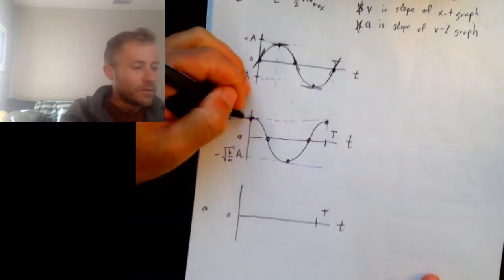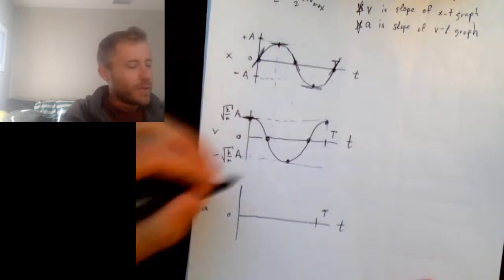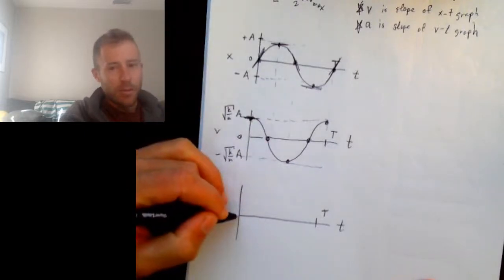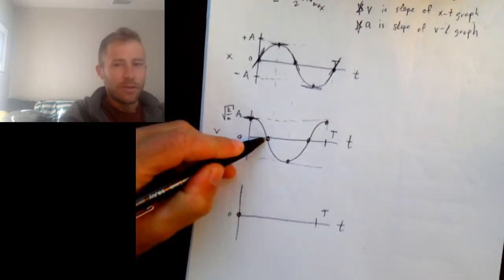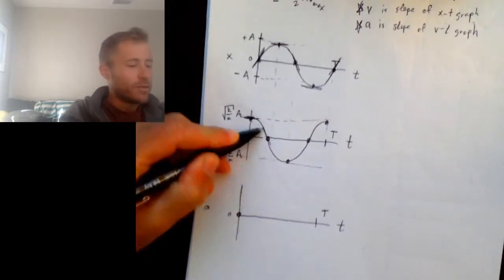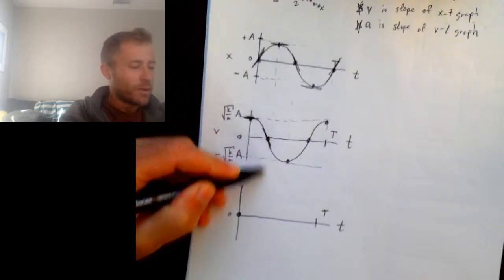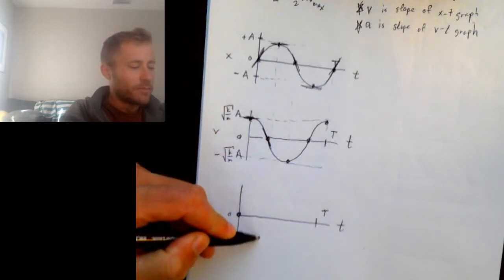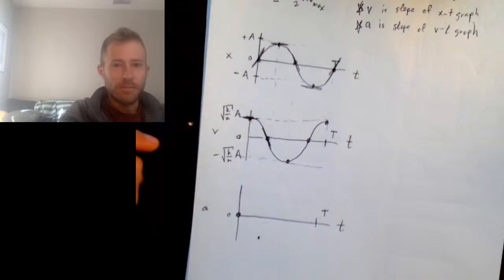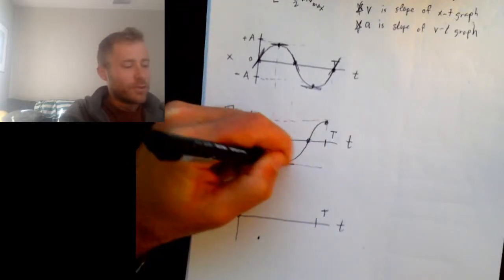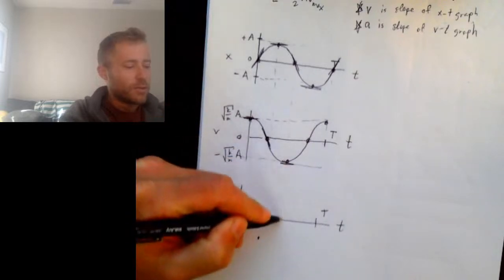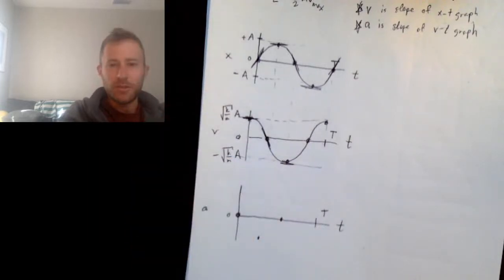Here, the slope is 0. So at that time, I will mark 0 for the acceleration. At this time, the slope is negative, so I will mark a negative value at that time. At this time, the slope is 0, so I will mark a 0 value at that time on the acceleration graph.